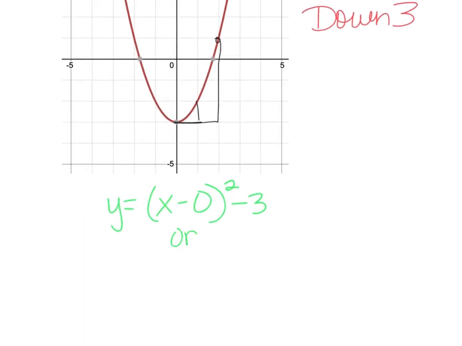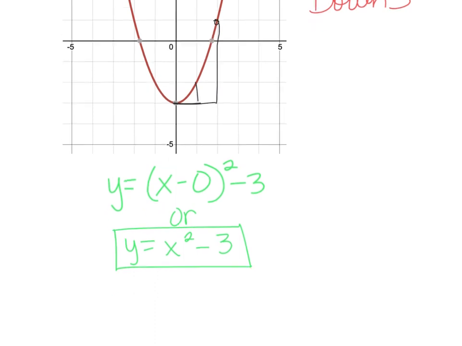A different way how I would write it is, since that's x minus 0, that's just x to the second power, right? Those parentheses aren't really doing anything for you. And then I'm going to drop down this minus 3. So this would be in vertex form, either one of those two, I kind of prefer the second way.